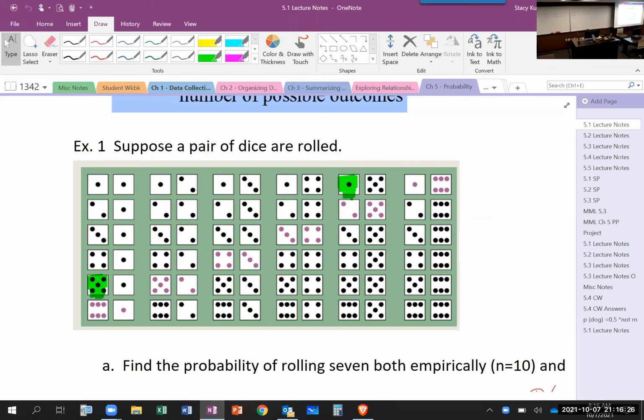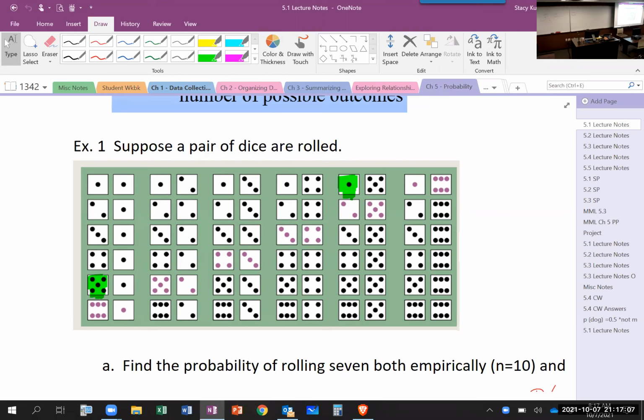Remember that the 6 and the 1 and the 1 and the 6 count as 2 separate outcomes. It's easier if you think of them as different colored dice. So there's 6 ways to roll a 7 out of 36 total outcomes. So 6 out of 36 ends up being 0.17 if I round it to 2 decimal places.